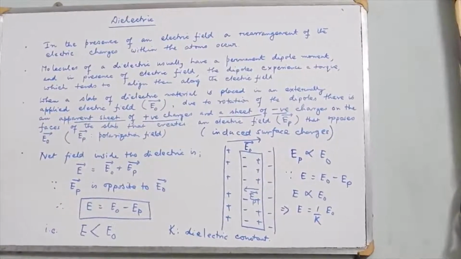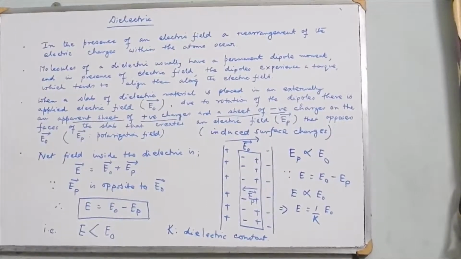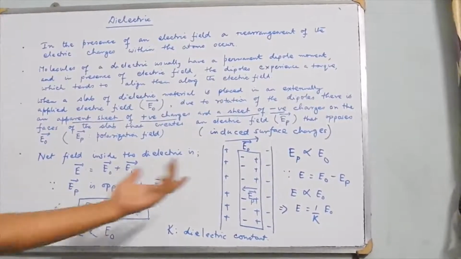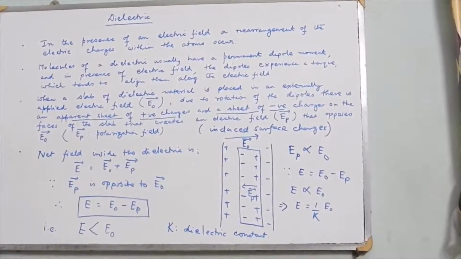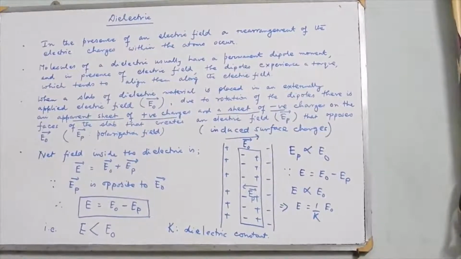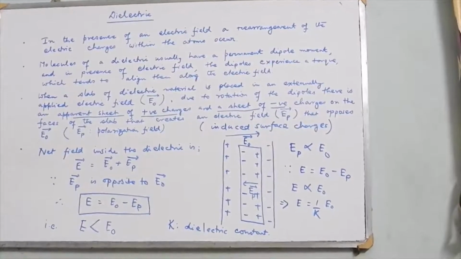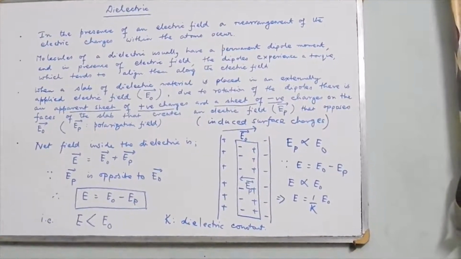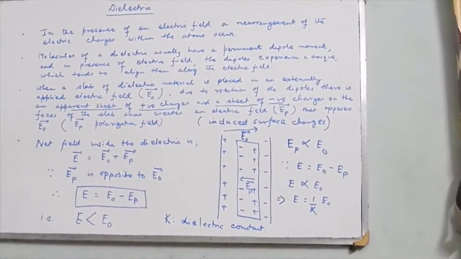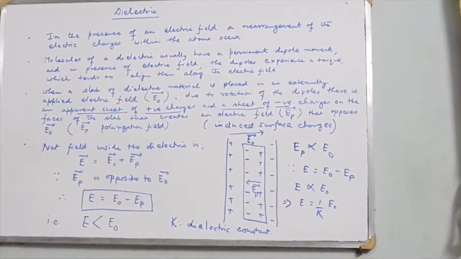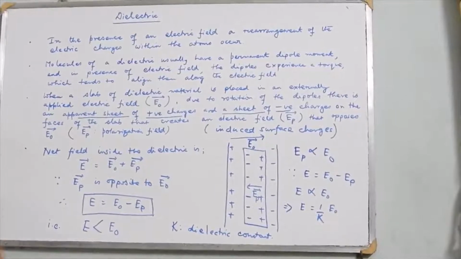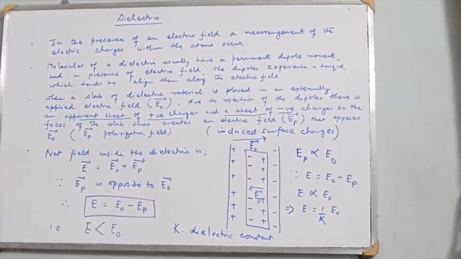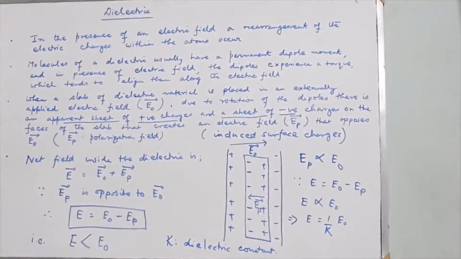Whatever type of dielectric we take, the effect of the externally applied electric field is to induce surface charges on the dielectric, and those induced surface charges will create a polarization field that will oppose the originally applied electric field, and thereby the net electric field within the dielectric will get reduced as compared to the initial electric field that was being applied.